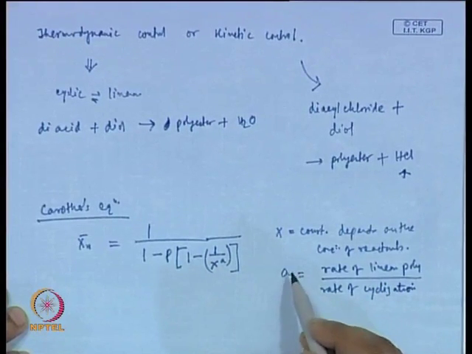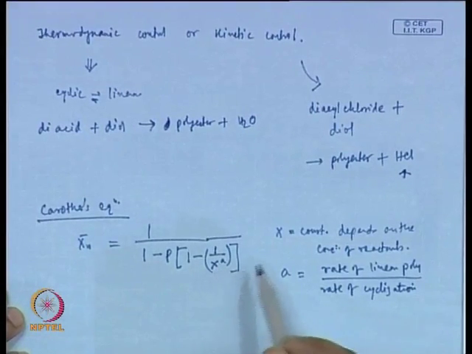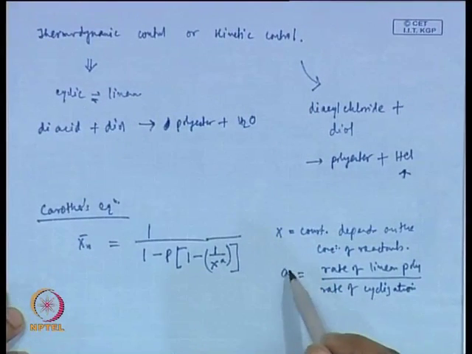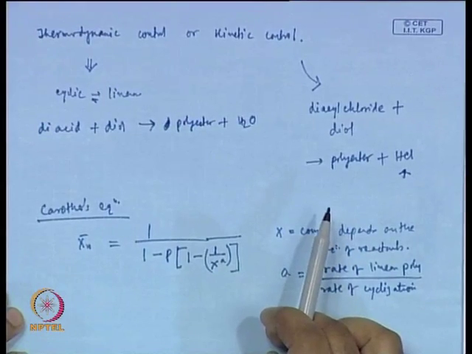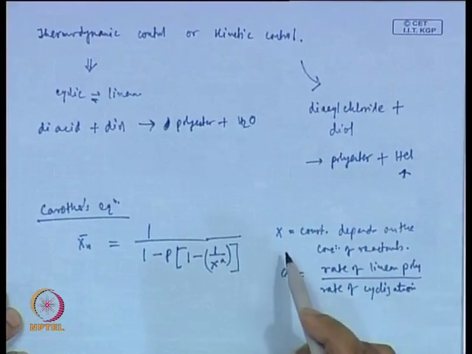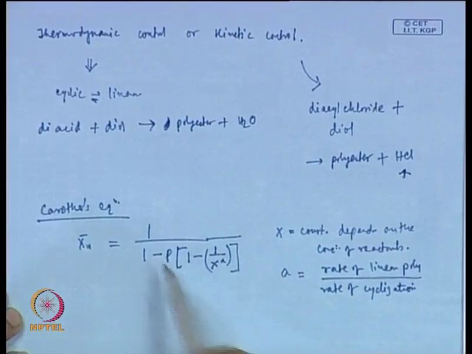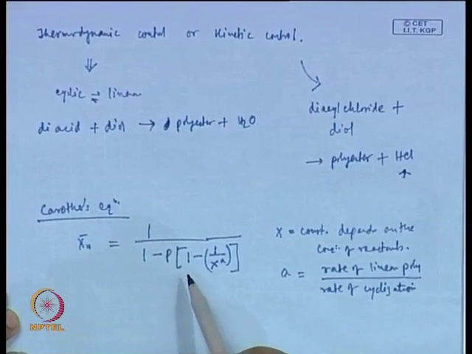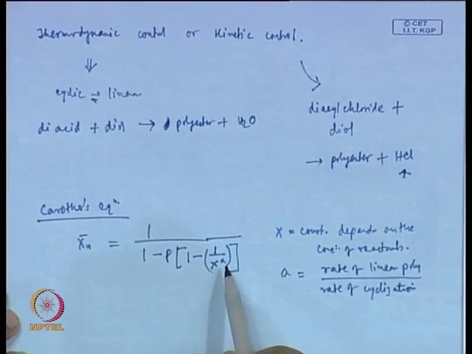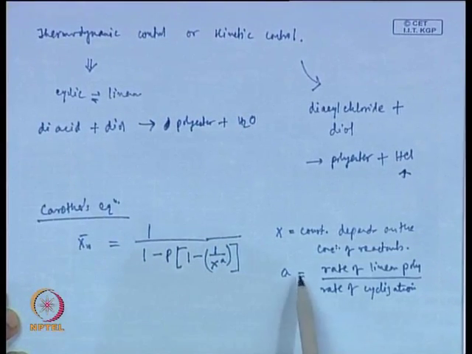Now, this expression is not very useful because the values for X and A are not available for most cases. Okay. So, it is good to know the expression, but it is not very useful because we do not know the values of X and A all the time.